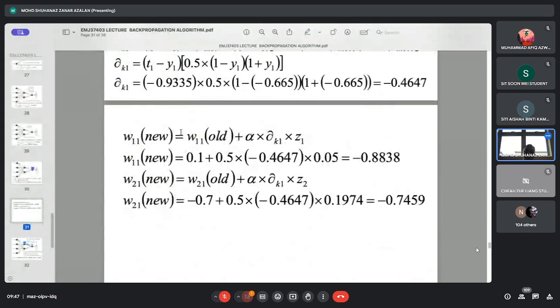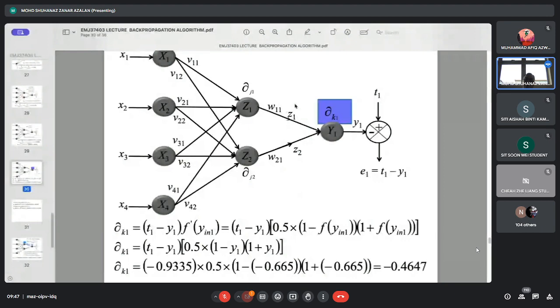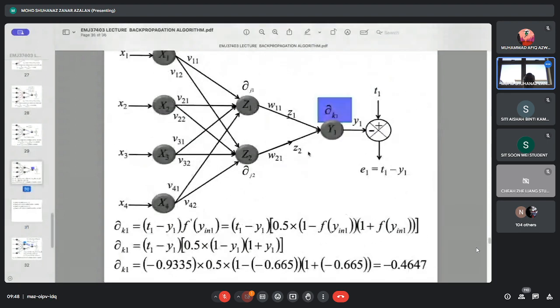W11 new, using the formula given in the algorithm, is W11 old plus alpha, the learning rate, times delta K1 times Z1. So we got the new weightage value for W11 and for W21. Now we already updated the weightage here, and now we want to update the weightage here.